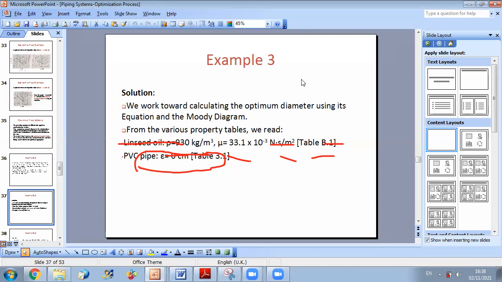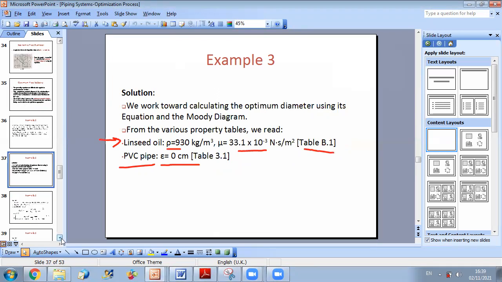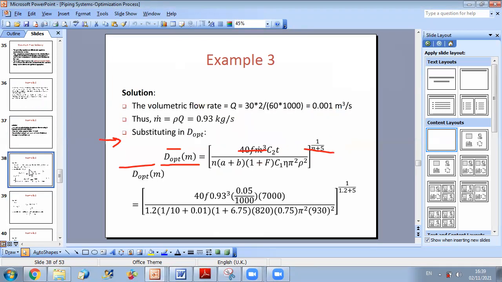The first steps of the problem are very similar to what we did before. We should find properties from tables. We have a certain type of oil, so we go to table B1 and get rho and mu. Since it's a PVC pipe, it's a smooth pipe. Epsilon is 0. So now we can find our parameters.